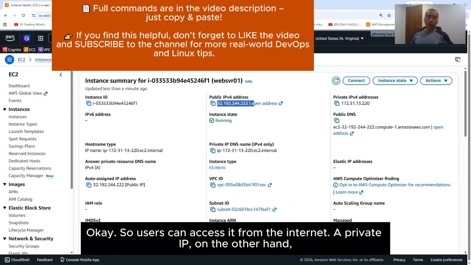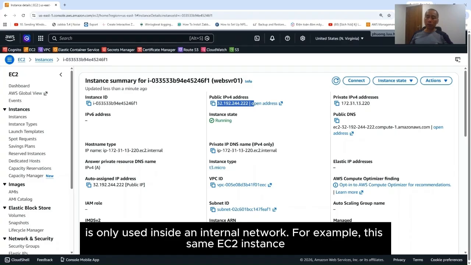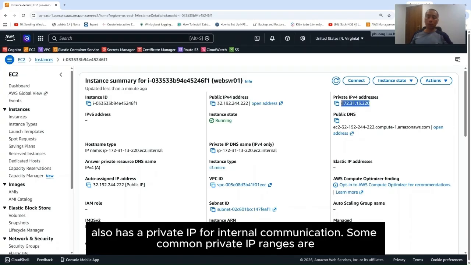A private IP, on the other hand, is only used inside an internal network. For example, this same EC2 instance also has a private IP for internal communication.